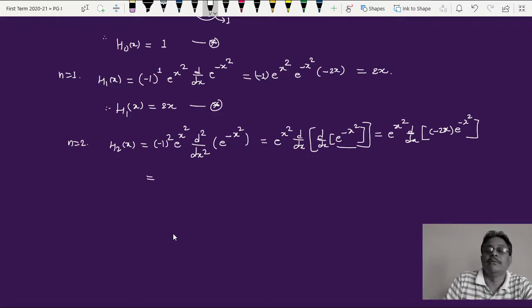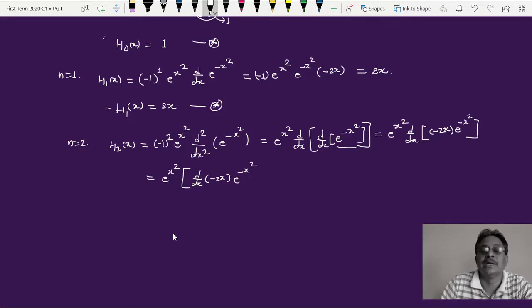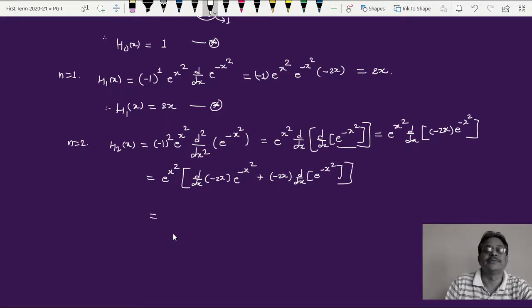Then we have to get e raised to plus x square into, now d by dx, there are two functions, so it is d by dx of minus 2x into e raised to minus x square will remain as it is, and the second time it is plus, now this minus 2x will be as it is, and the differential of this d by dx of e raised to minus x square. Solve this.